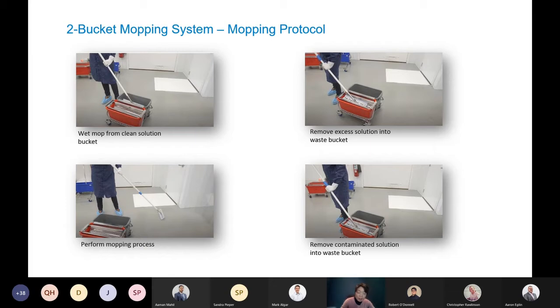And then you perform the mopping process, and you end the entire process by removing the contaminated solution into the waste bucket. So if you look at this, literally the minute you dip the used mop into the clean solution bucket, the cleaning solution is no longer clean, right? It's instantly contaminated by this used mop.